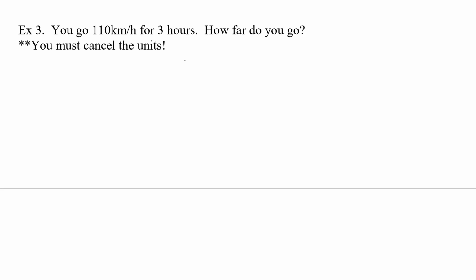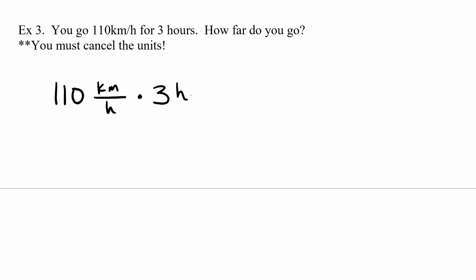I want to delve into this example just a little bit more, though, so we can see what your brain is actually doing with the units. So if I were to say 110 kilometers per hour times 3 hours.